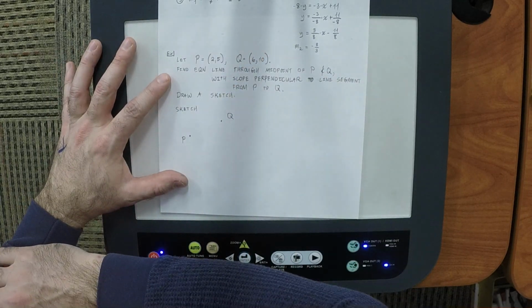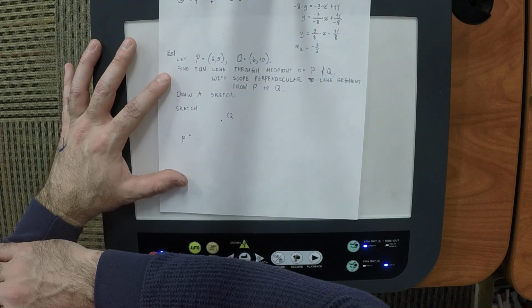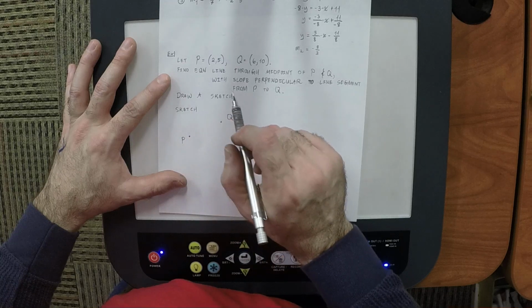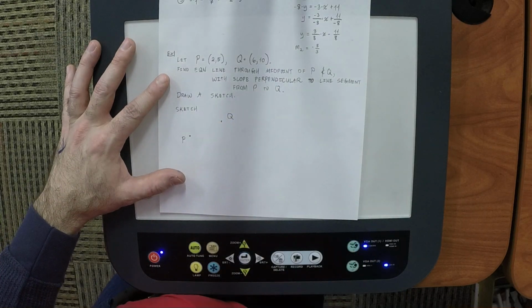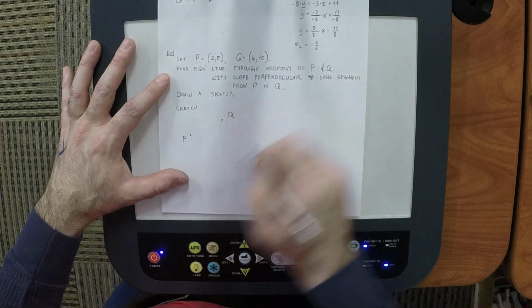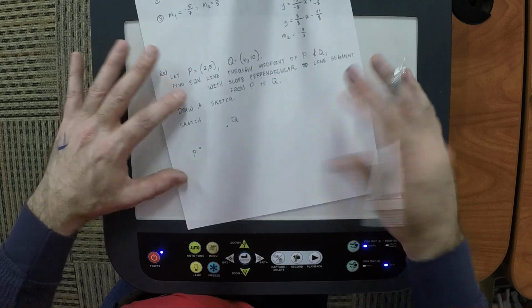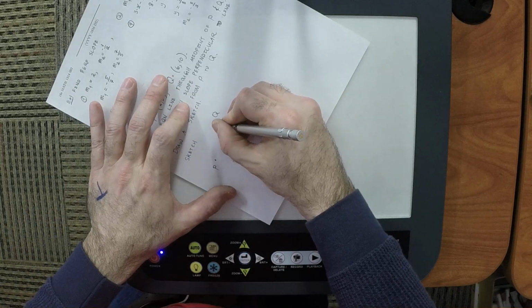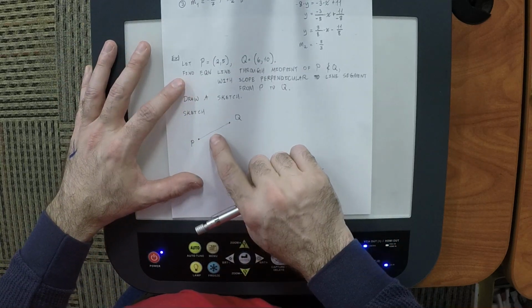So we've got 2 points that are like so. We want the equation of the line through the midpoint of P and Q. So in this sketch that we're making, where's the midpoint? Halfway between them, right? So here's the line segment between them.